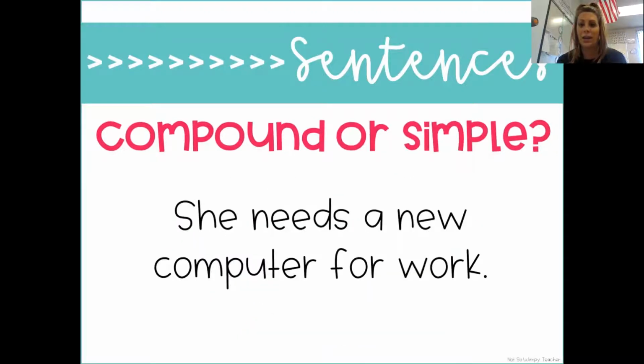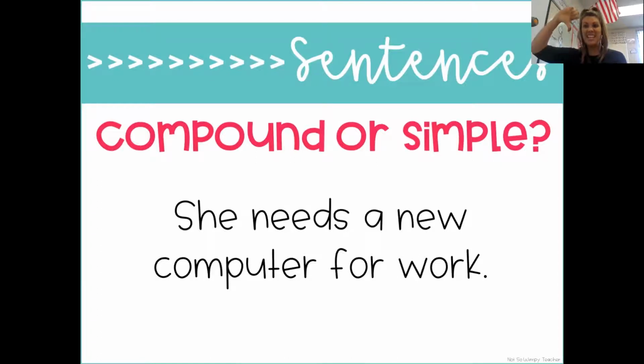All right, are you ready to play a game? It is called compound or simple, okay? So I'm going to read you this sentence, and then you are going to either tell me compound or simple. She needs a new computer for work. What do you think?